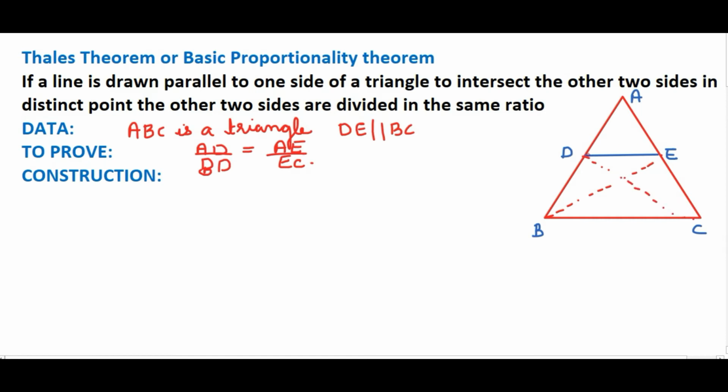Again, one more construction we have to do, that is draw DM perpendicular to AE, and also EN perpendicular to AD. So this is the construction we have done: DM perpendicular to AE, EN perpendicular to AD, and we have joined BE and CD.